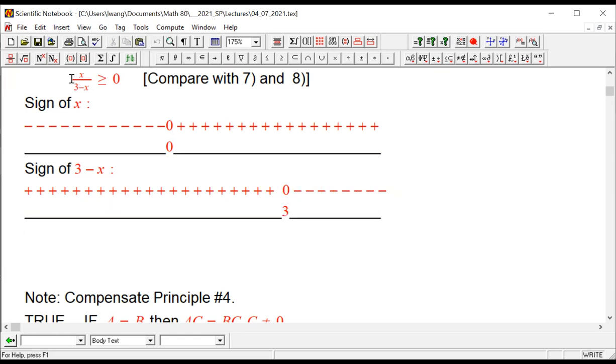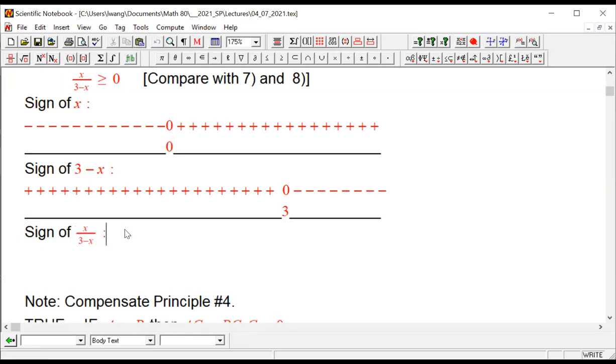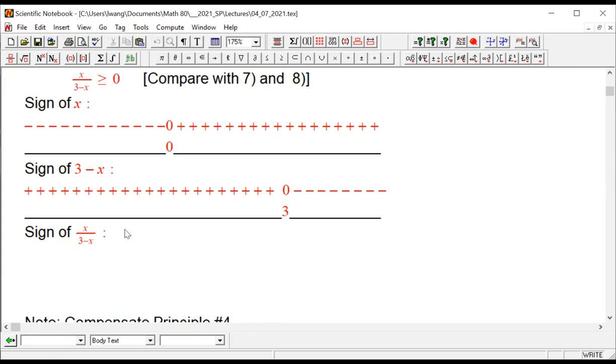Next, we're going to look at the quotient, the sign of x over 3 minus x. On the number line, we have a 0, and then continuing on the number line, there's a 3.